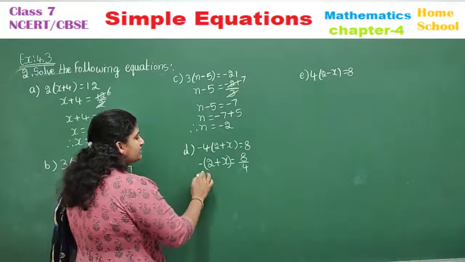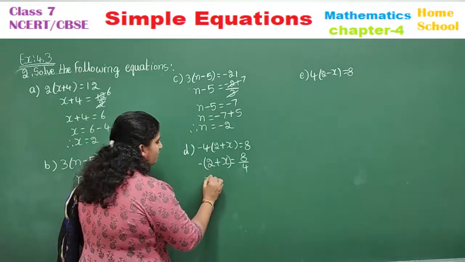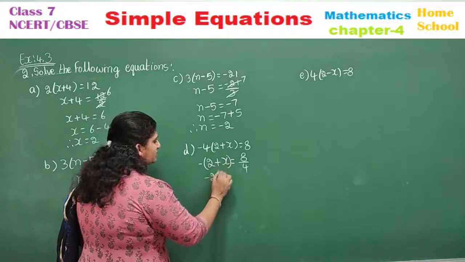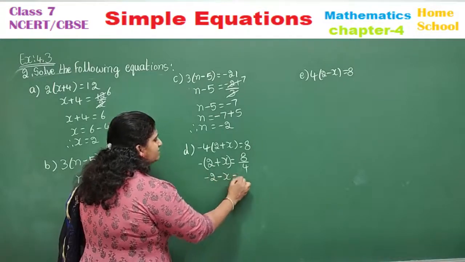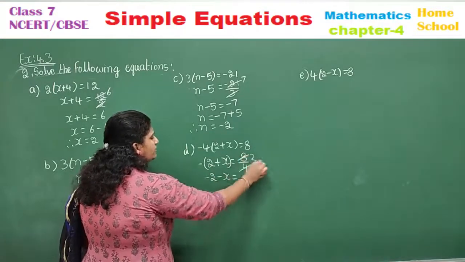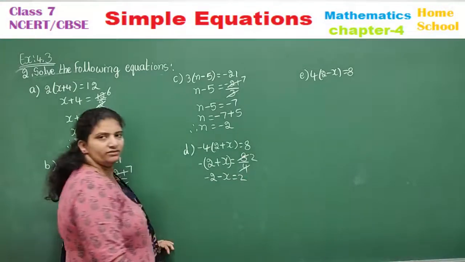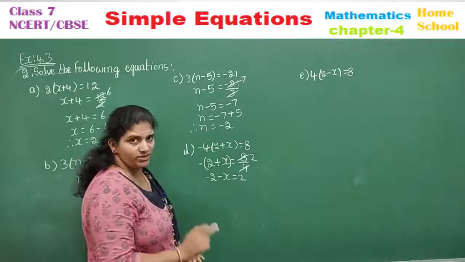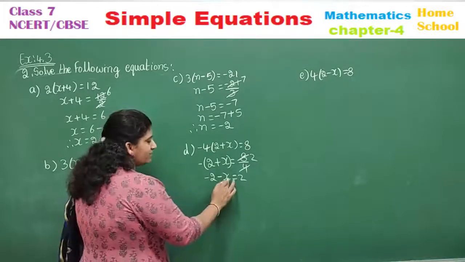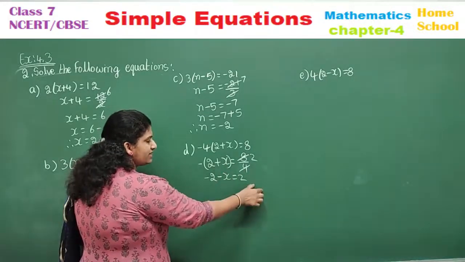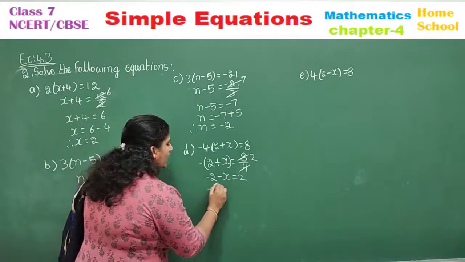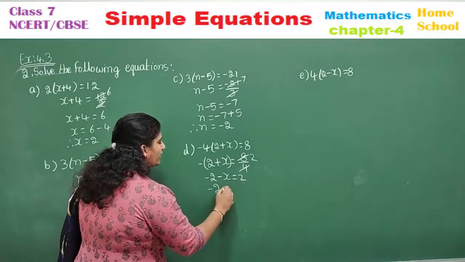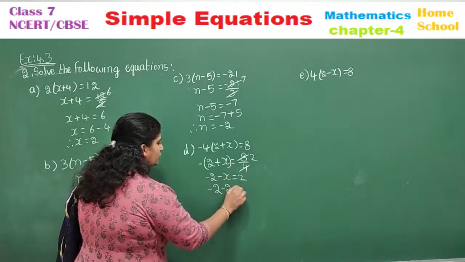Now multiply this negative. Minus into plus, minus 2. Minus into plus, minus x is equal to 4 2s are 8. 2 will be there. Now, the x variable should always be positive. Minus x is there. So, transpose x to the other side and 2 to this side. Minus 2 plus 2, if it comes to the other side, minus 2.